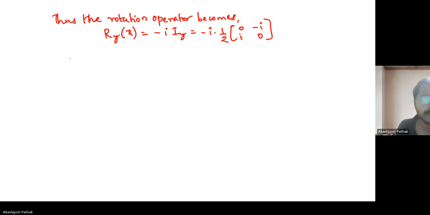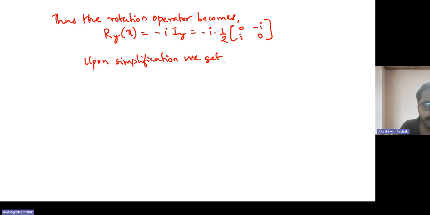Upon simplification of this equation, what do we get? We get R_y(π) equal to [0 -1; 1 0].